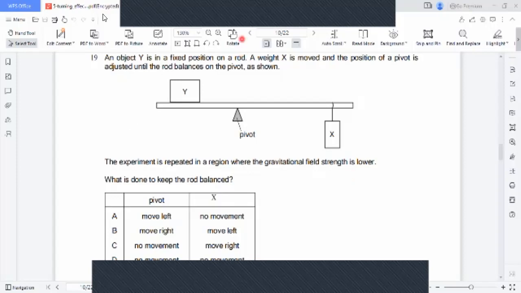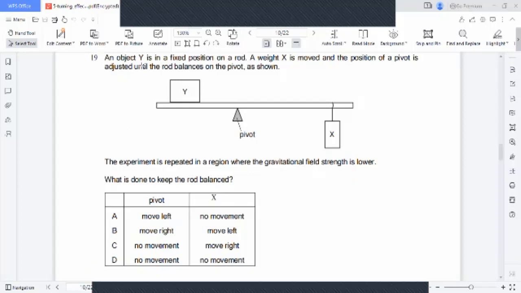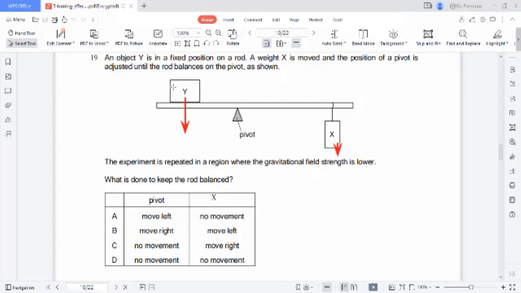So let's talk about the physics behind these two. The weight of it is acting in downward direction. So possibly Y is looking to create some anti-clockwise movement, and X is looking to create some clockwise movement.